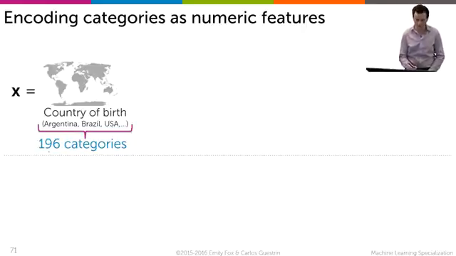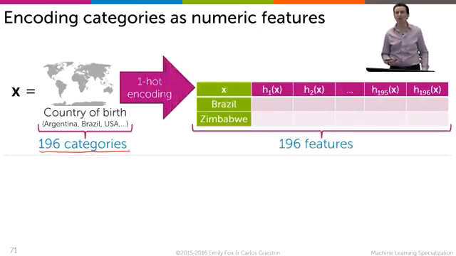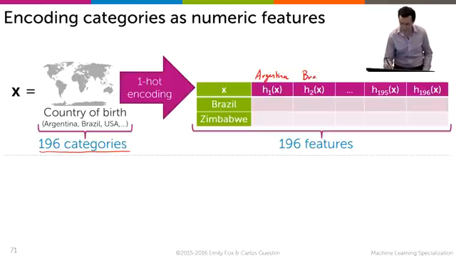So for example, for country of birth, there might be 196 possible countries or categories that the value comes from. And so one way to encode this is using what's called one-hot encoding, where you create one feature for every possible country. So for example, there might be a feature for Argentina, a feature for Brazil, and so on, all the way to a feature for Zimbabwe.